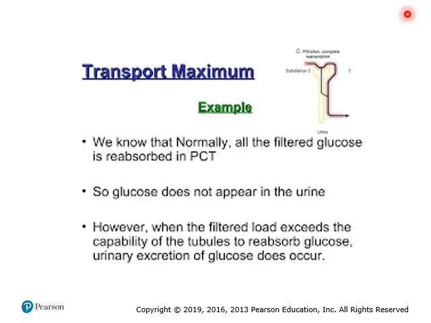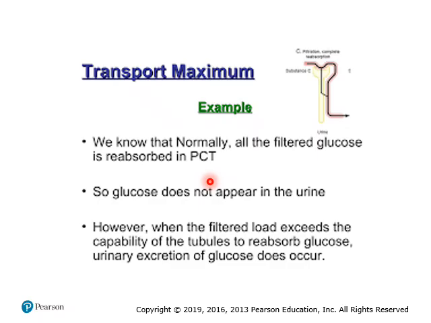For example, hyperglycemia leads to a high blood glucose level that exceeds the TM, and if it exceeds, then the glucose would spill over into the urine. And this is the example right here. We know that normally all filtered glucose is reabsorbed in the proximal convoluted tubule.